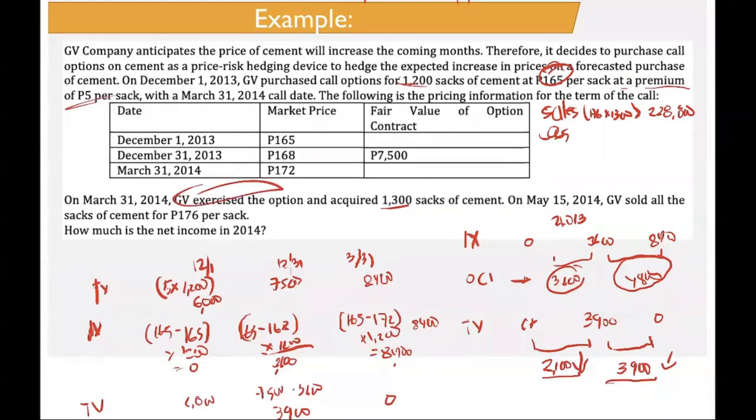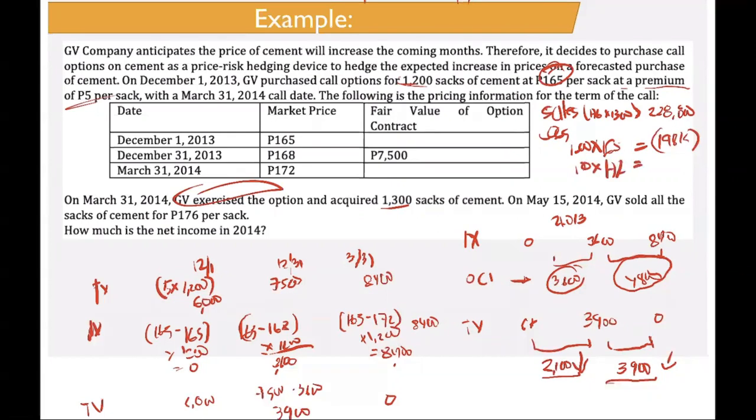We have 1,200 stocks multiplied by our option price of 165. We have 198,000. And then we have an excess of 100, because we sold 1,300 and we only purchased 1,200 at 165. So we have an excess of 100, times the market price at the end, which is 172.